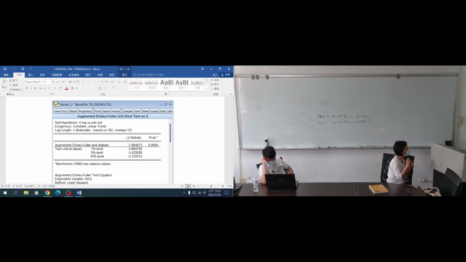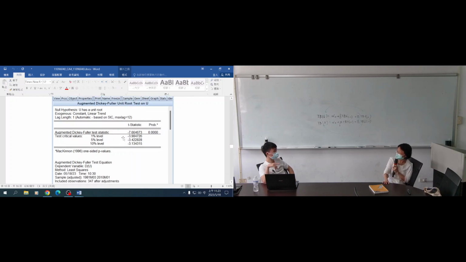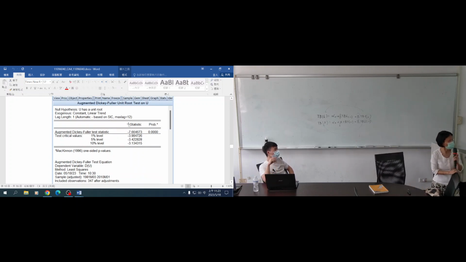But if you base it on the residual of the model, we call it a co-integration test. This one, because we wanted to see whether the residual passed the unit root test.